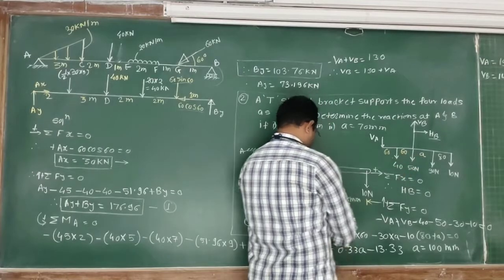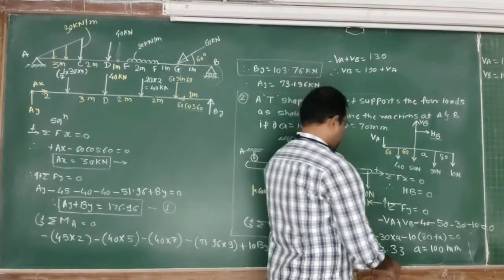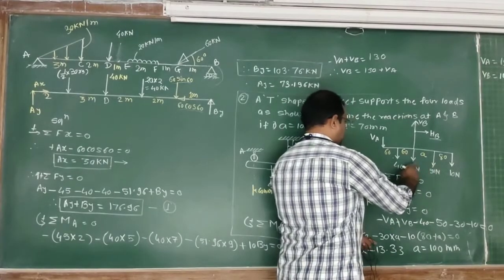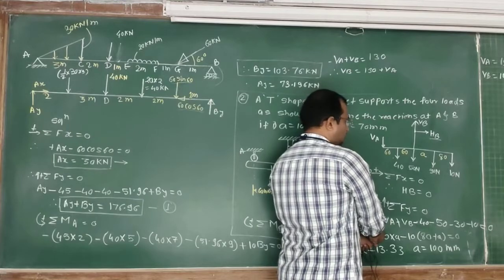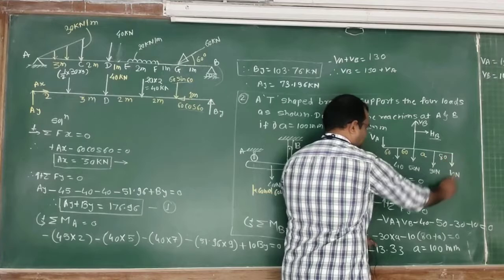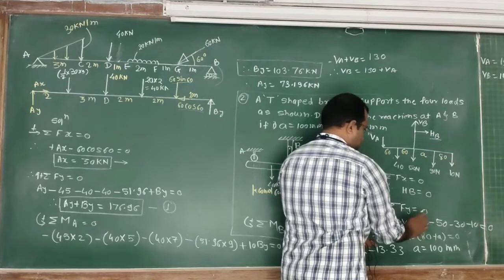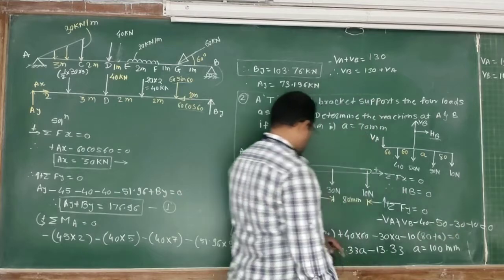The sign is positive because it will create the moment in anti-clockwise sense. Then 30 into A, it will create the clockwise sense moment, therefore minus 30 into A. Then next 10 into (80 plus A), it will create the moment in clockwise sense, therefore it is minus 10 into (80 plus A), which is equal to 0.